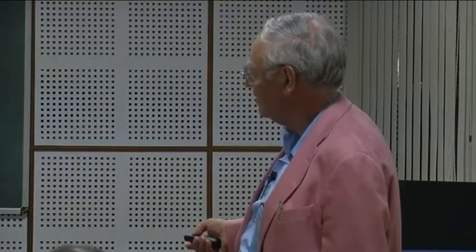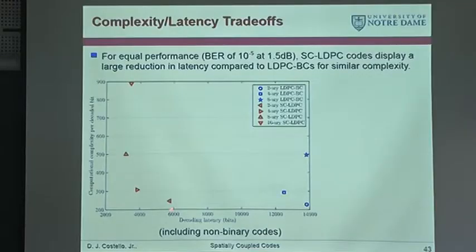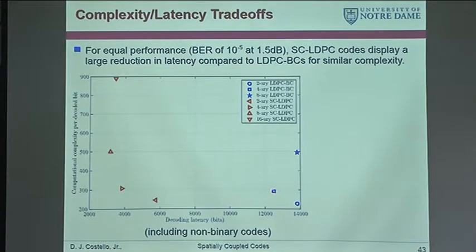In the binary regime, we can get the same performance with about half the latency with the spatially coupled code, with just a little bit more computational complexity, not the 50% that we had before. With the field of size 4, we again get a big advantage in latency. We get the same performance with about a factor of 3 less latency, again with just slightly higher computational complexity, almost equivalent.